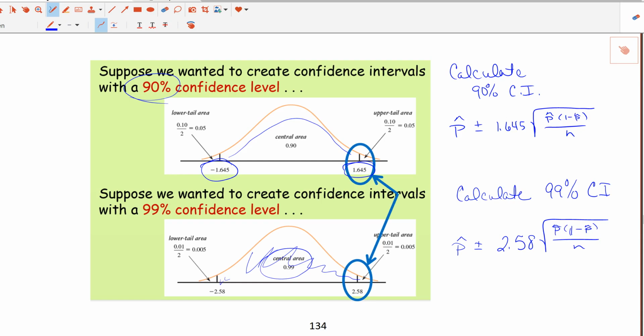And it's those critical values, 2.58, 1.645, or 1.96, that determine our confidence level and how wide our confidence interval will be.